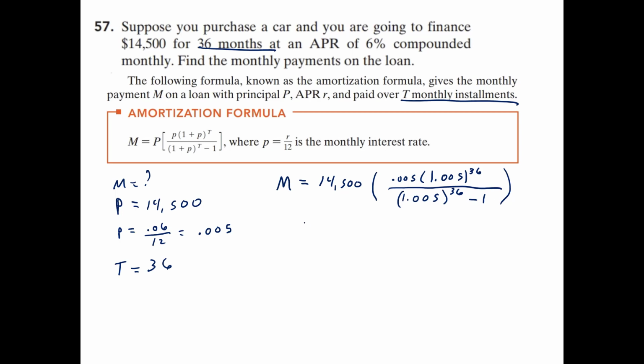And so now it's just a matter of putting this into the calculator. 14,500 parentheses 0.005 times 1.005 raised to the 36, close the parentheses, divided by, but then there's 2 terms in the denominator, so you need a parenthesis with my calculator. 1.005 raised to the 36 minus 1.